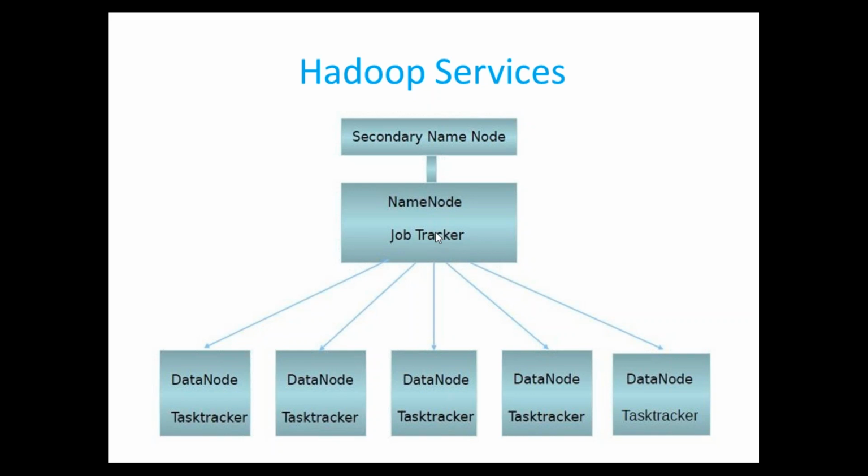So the same master machine will take care of the storage and the processing, right? Right. So when it is divided to the slaves, what does the data node do and what does the task tracker do?